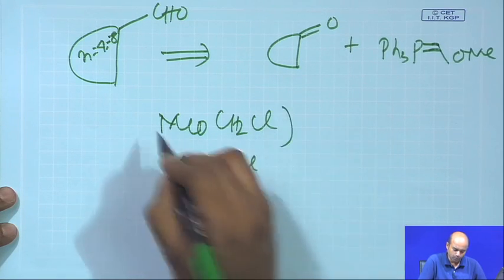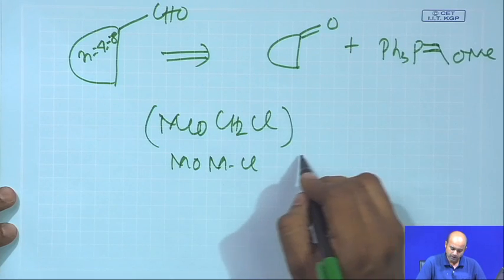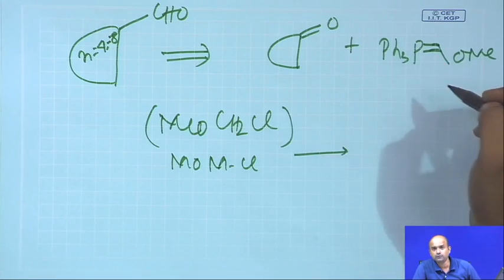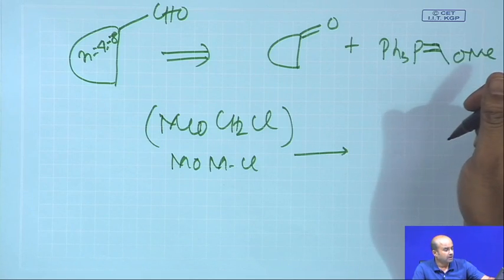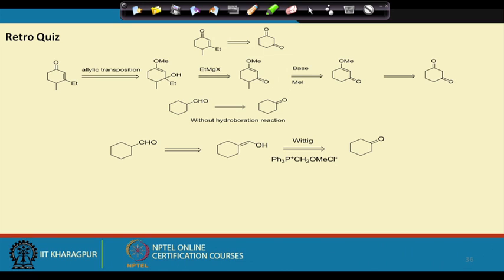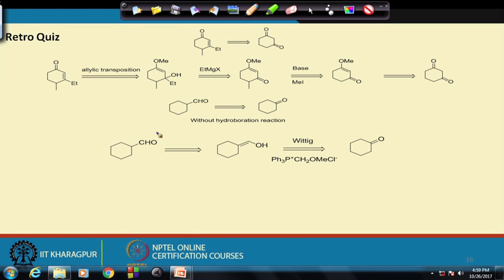So, this MOM chloride Wittig gives a very nice way of introducing a carboxaldehyde group, but eventually you are not using a Wittig reaction. That was the prerequisite. Sorry, without the hydroboration reaction, we cannot use the hydroboration reaction.